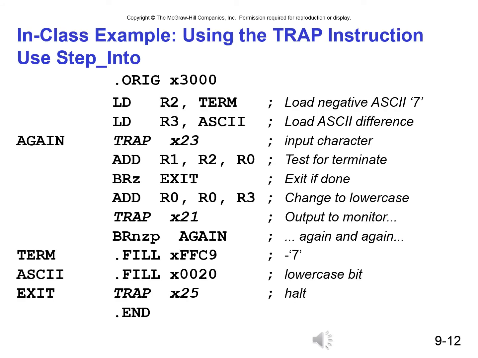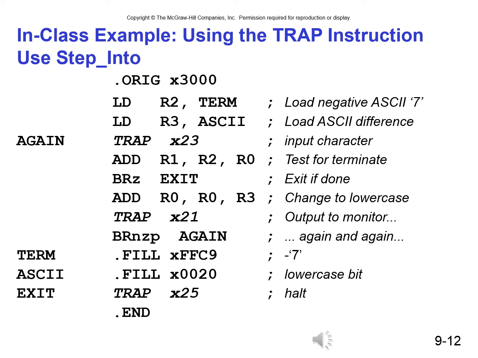I created a video and placed it into this week's Canvas module with this code, and I run it and demonstrate the trap vector table's role in the trap routine mechanism.